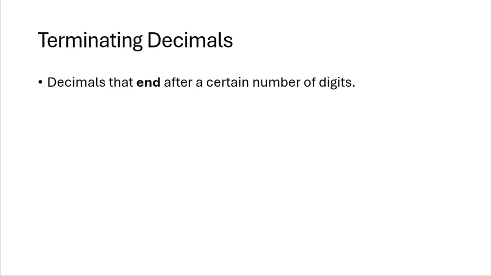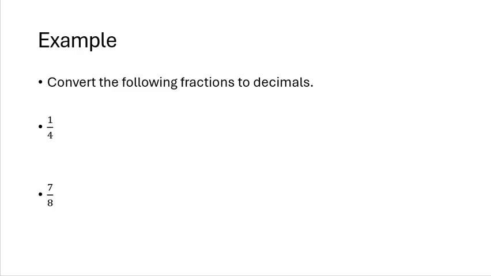Final thing, terminating decimals. Terminating decimals are just decimals that end after a certain number of digits, okay? So I'm just going to show you how they look like. So over here, you can't really do much, so just apply short division. Okay, so 4 by 1, like so. Now, this is a hidden trick that a lot of people don't know.